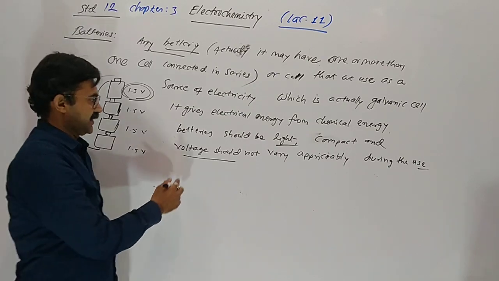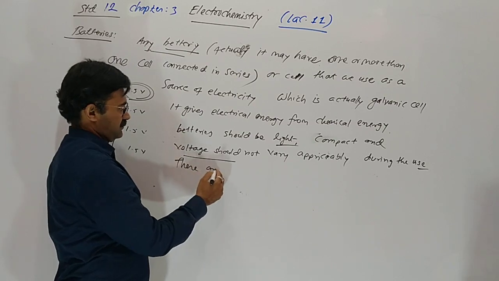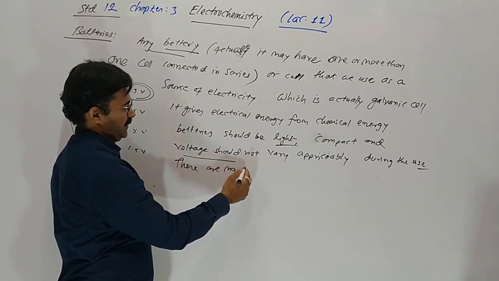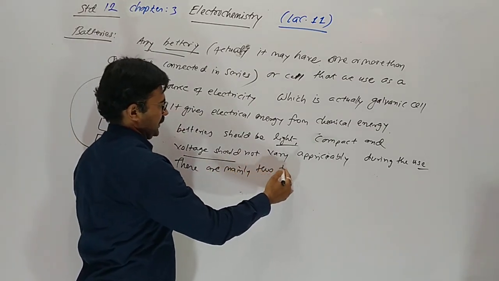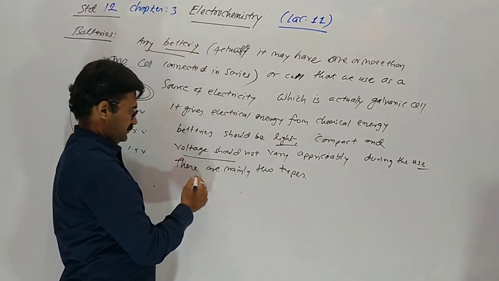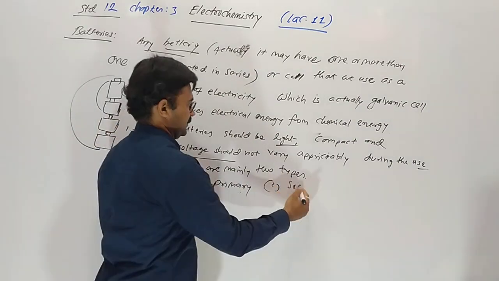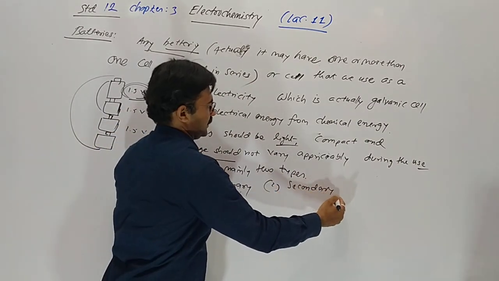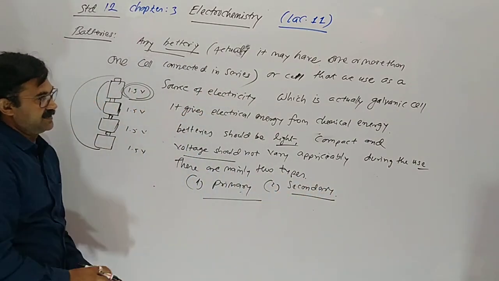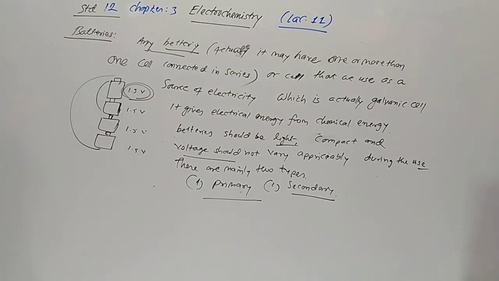There are mainly two types: primary and secondary, and we will discuss about these types of batteries in our next lecture.